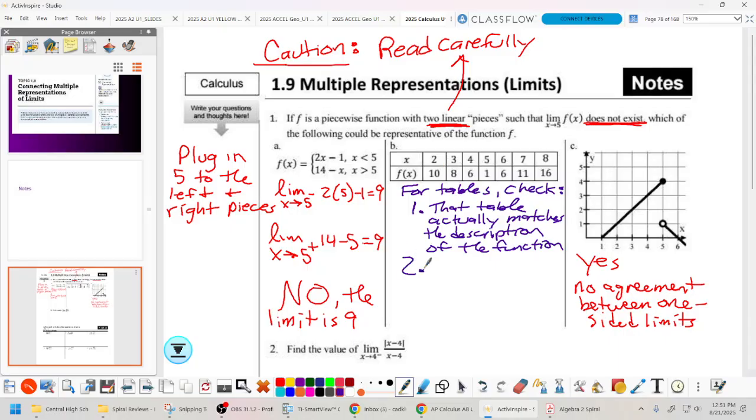All right, next one. Use the pattern in the table.